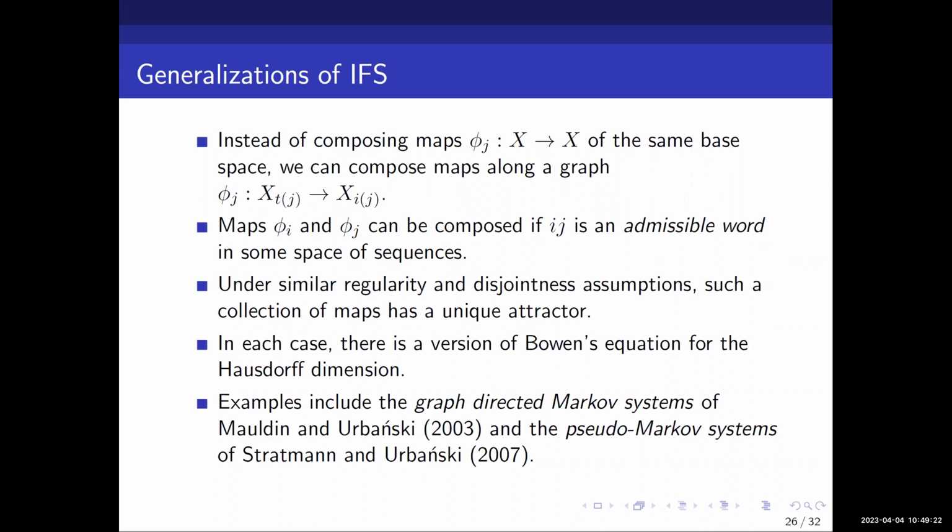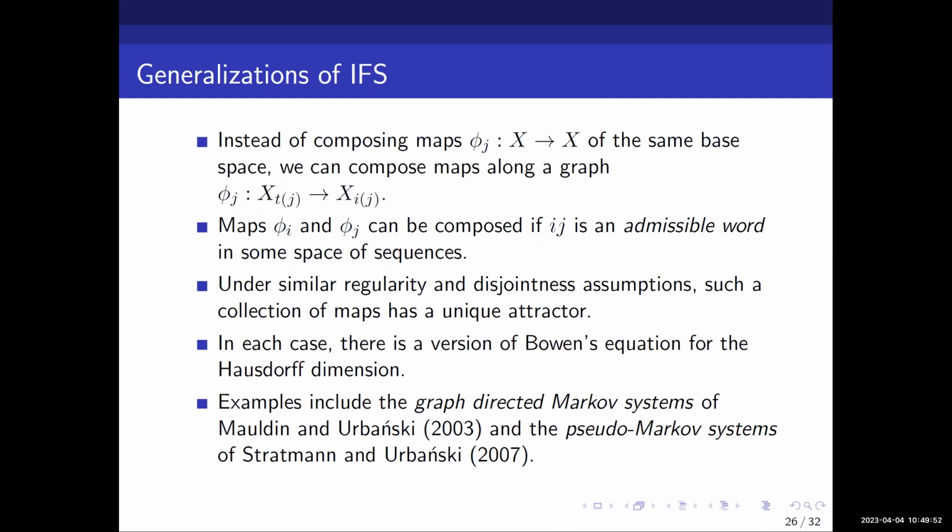So for example, there are graph-directed systems, and these are Markov systems. Their base coding space is some set of forbidden words. Graph-directed means they're a walk on a graph with finitely many vertices, but possibly countably many edges.